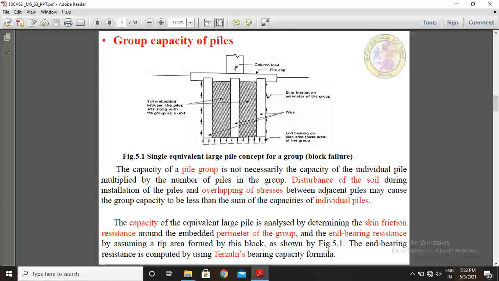The end bearing resistance is computed by using Terzaghi's bearing capacity factors. So here, if you are using a number of piles, you can calculate using the block concept and calculate Terzaghi's bearing capacity factors.